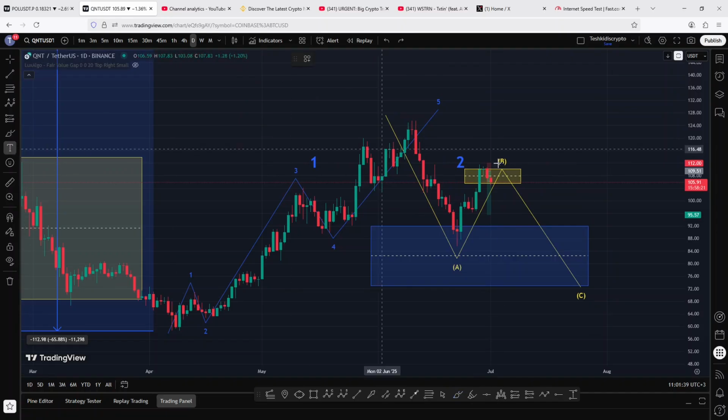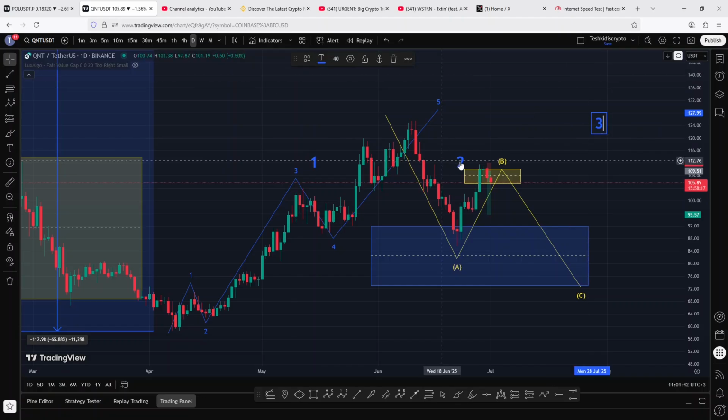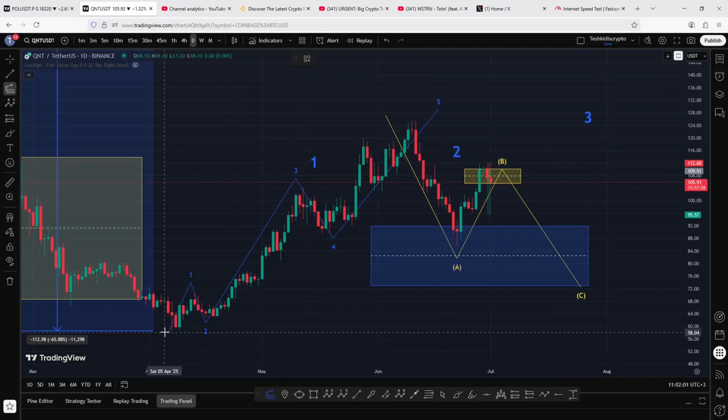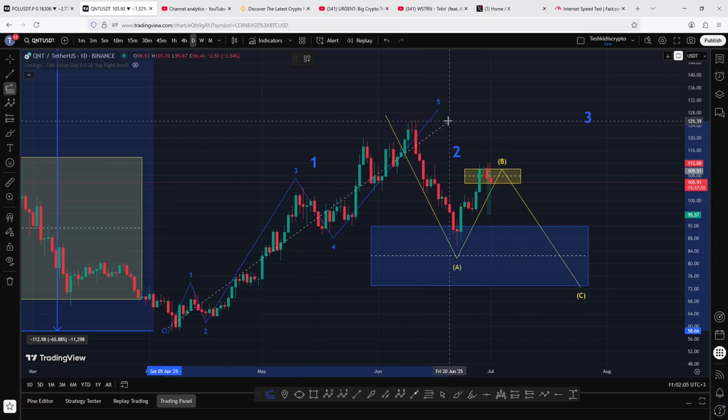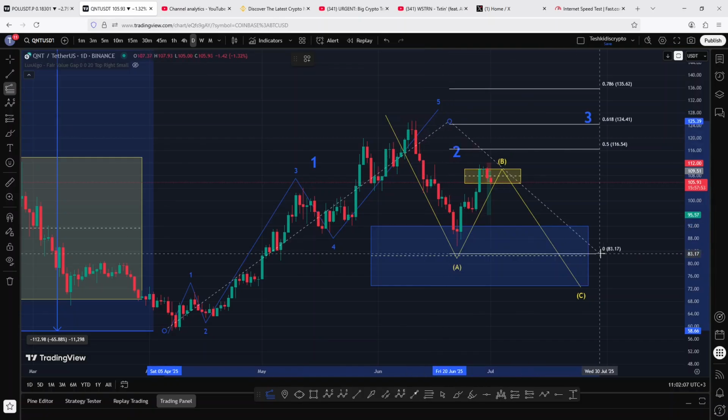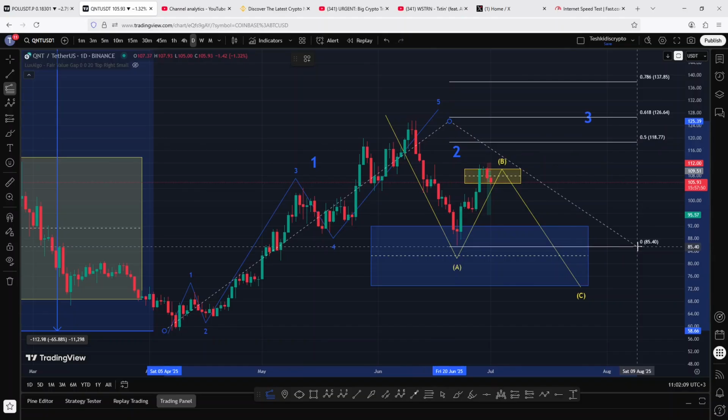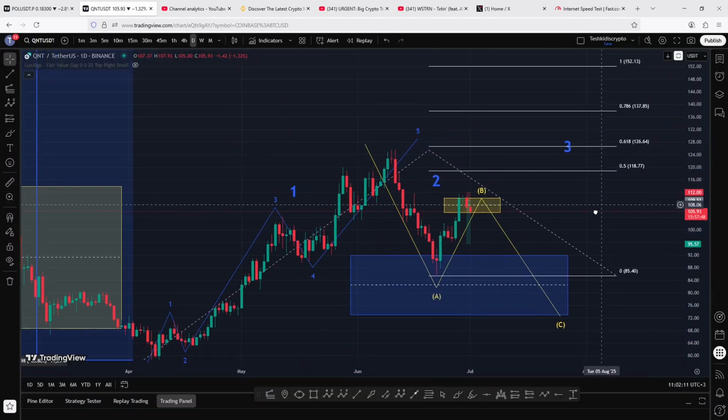So the first case scenario is that there's a very high chance that we could have a low in place in the formation of that second wave, and whatever is unfolding over here is the formation of that wave 3. The minimum target areas for the wave 3 can be given by connecting the Fib extension from the low of the first wave to the high of that wave 1, then connecting the Fibonacci's to the lows we have at the moment in the formation of that wave 2.